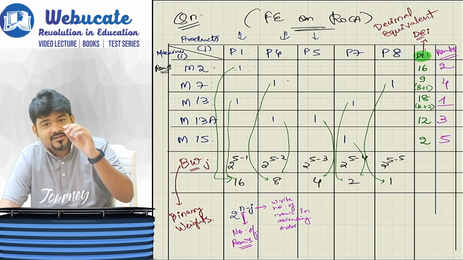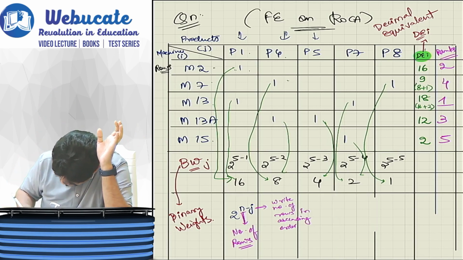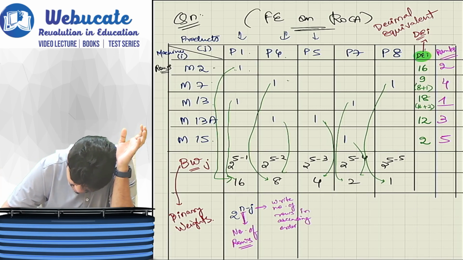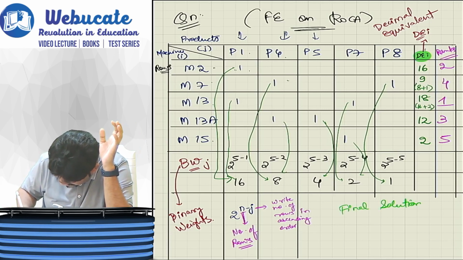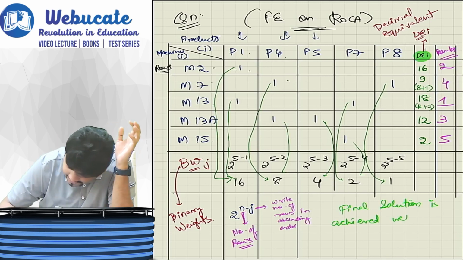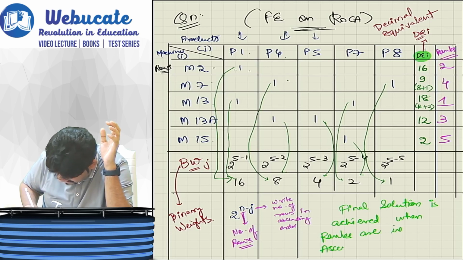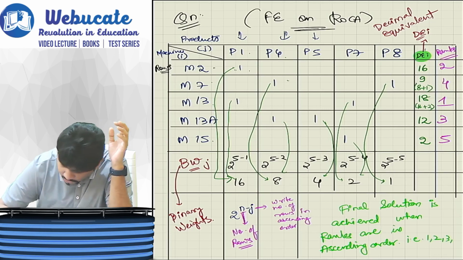Sir, so is the answer achieved? The answer is achieved when the ranks come in ascending order. So I'll write here: final solution is achieved when ranks are in ascending order, that is 1, 2, 3, 4, 5.